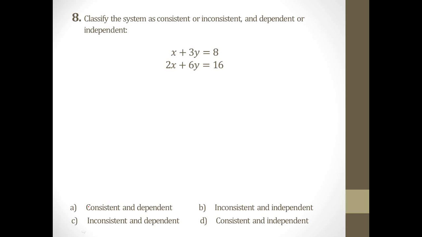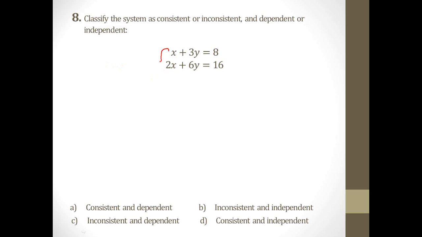Okay, it's asking me to classify whether this system of equations is consistent or inconsistent and dependent or independent. All right, since we used substitution the other 2 times, this time we're going to use the elimination method.